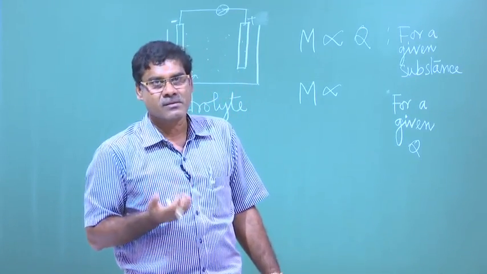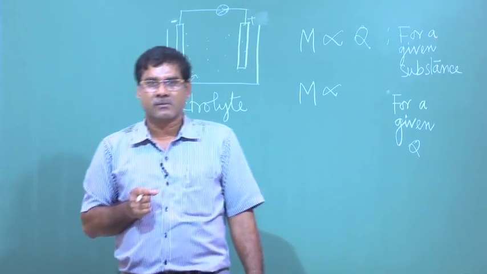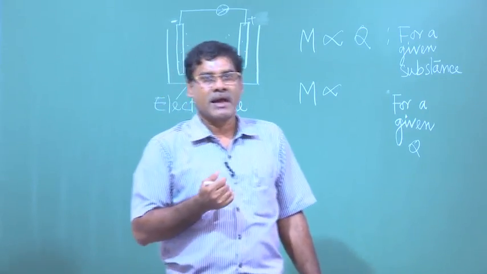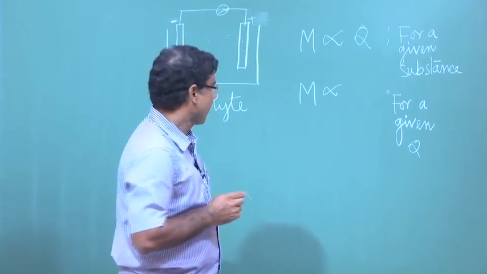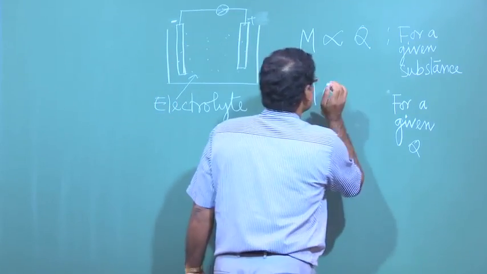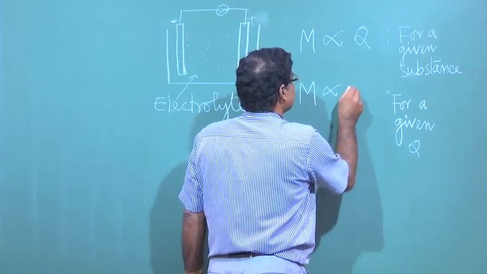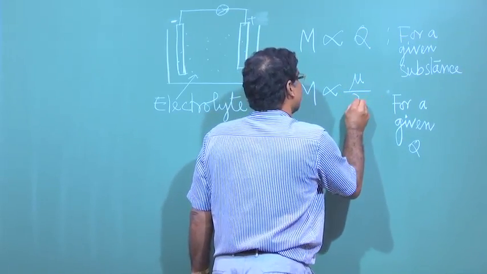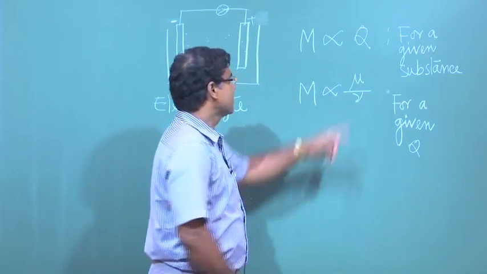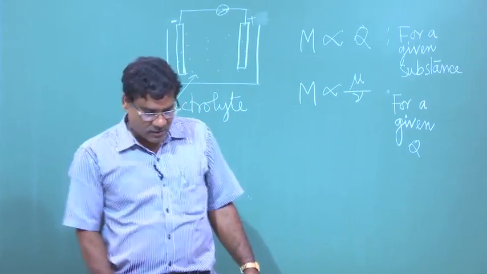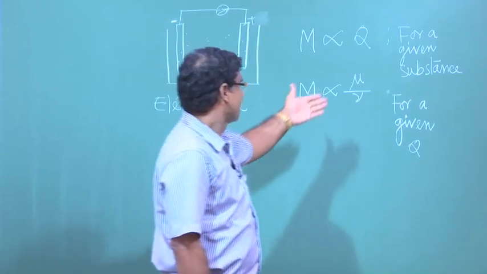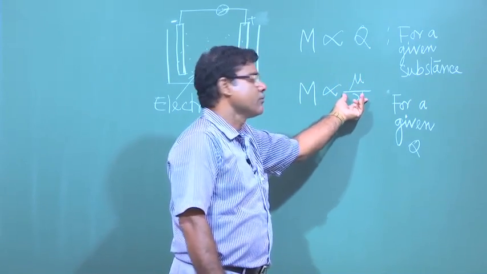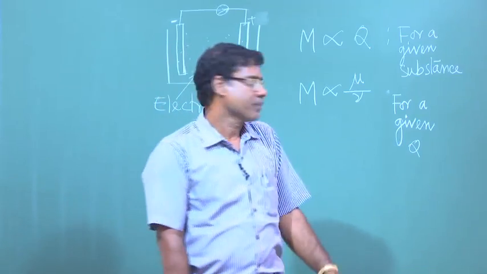For monovalent, the valency is 1, so the equivalent weight is equal to the atomic weight. So m is proportional to the equivalent weight, say mu by nu, where mu is the atomic weight or molecular weight and nu is the valency.